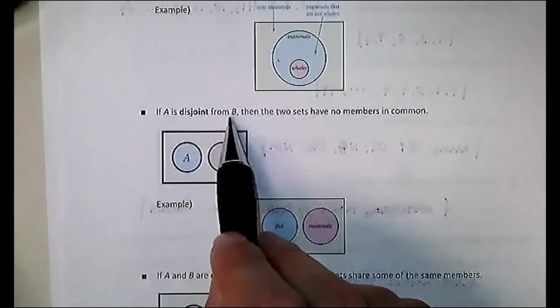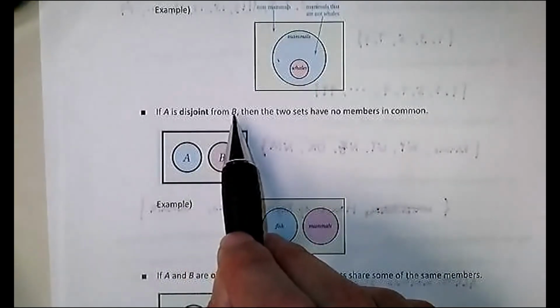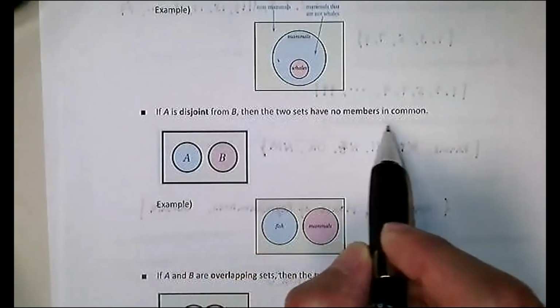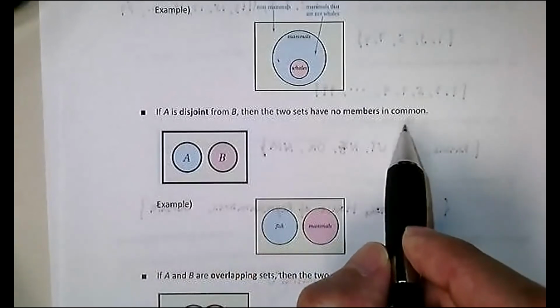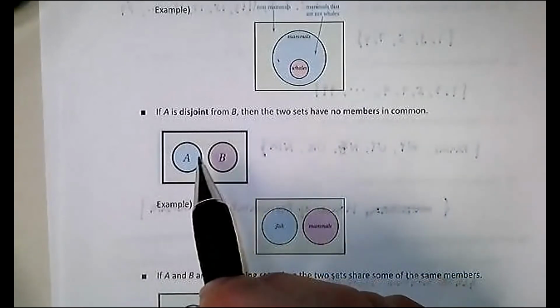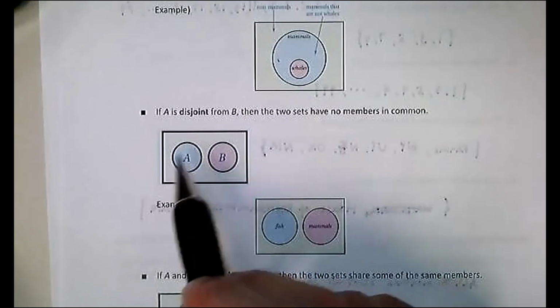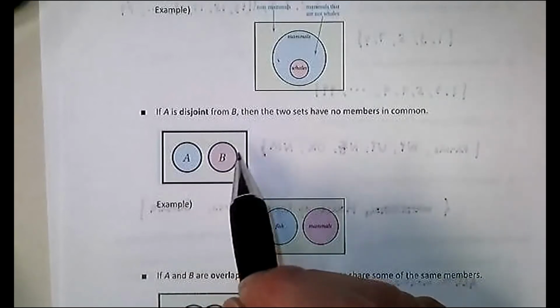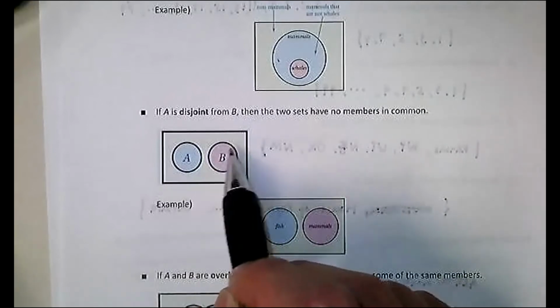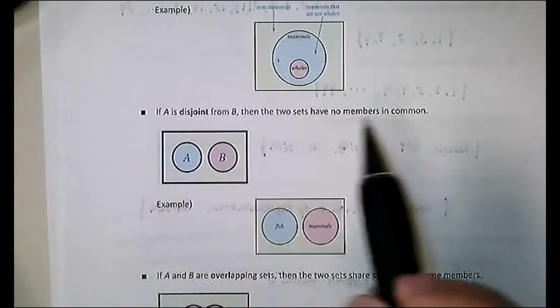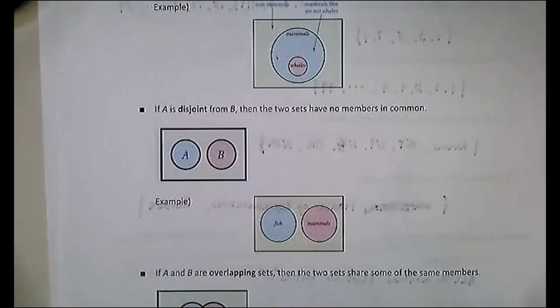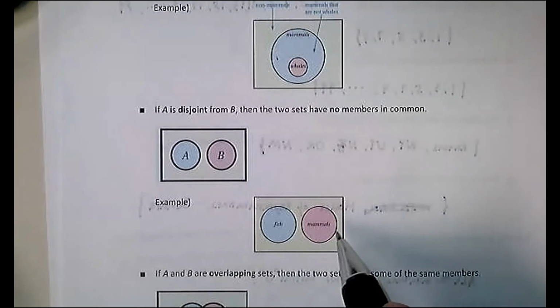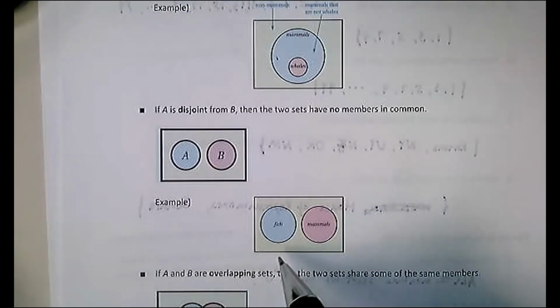If A is disjoint from B, it means the two sets have no members in common. If we draw a graph, we just draw a circle and another circle. Those two circles do not have any intersection.